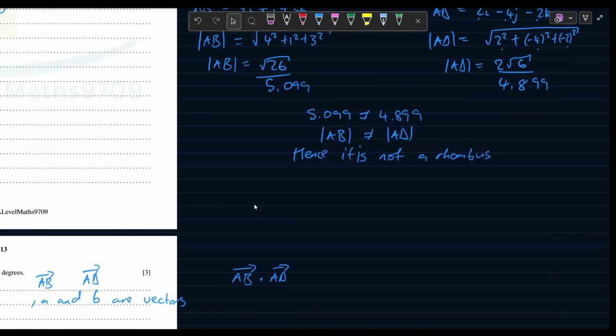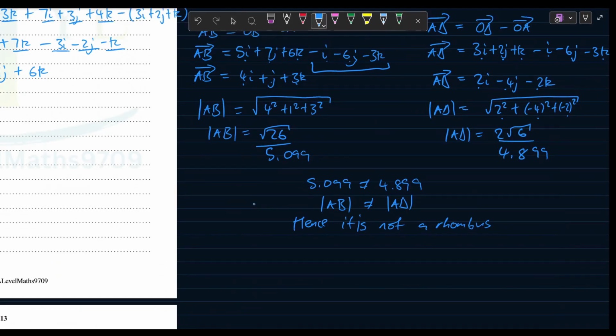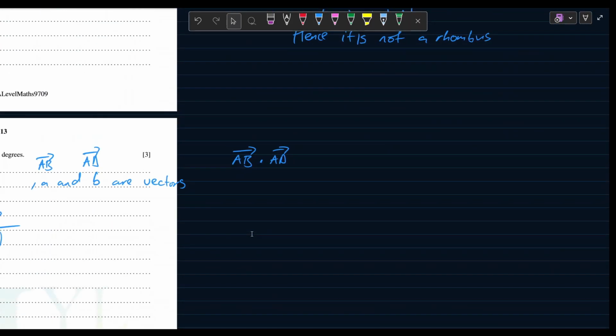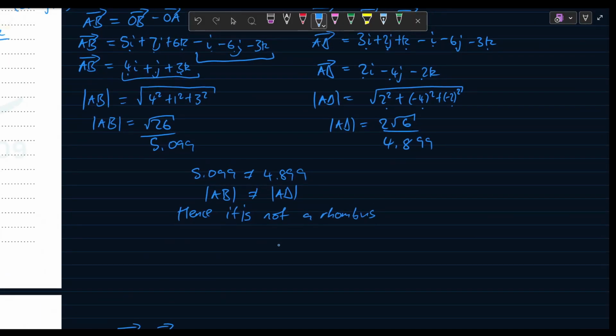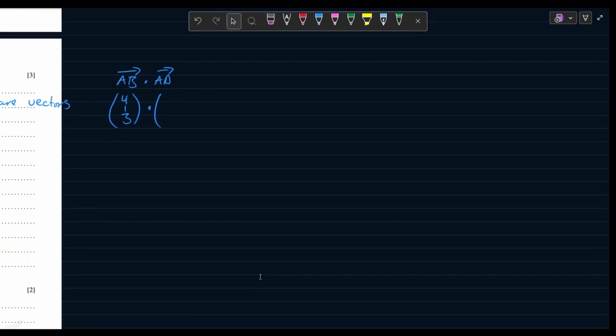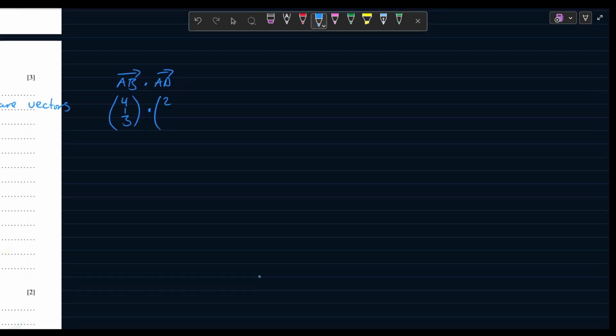What was our vector AB? AB is 4i plus j plus 3k. I'm just going to rewrite that as a column vector so that it's clear: 4, 1, 3, dot, and I'll do the same for AD. AD is 2i minus 4j minus 2k, so 2, minus 4, minus 2.